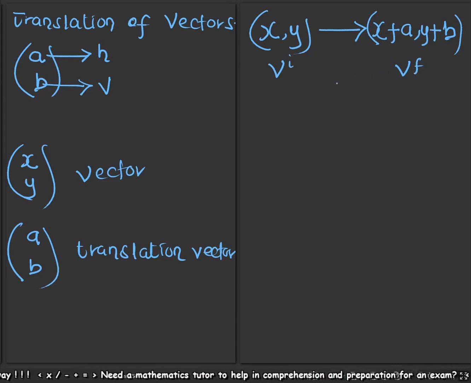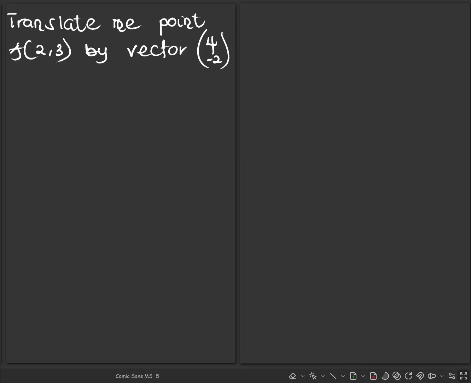All this wouldn't really make sense unless we solve some examples. So let's solve some examples to see what this is about. For this first question, it says we should translate the point A, which has coordinates (2, 3), by this vector over here. We would solve it, and afterwards we would go to the graph sheet to look at how it is done there as well.